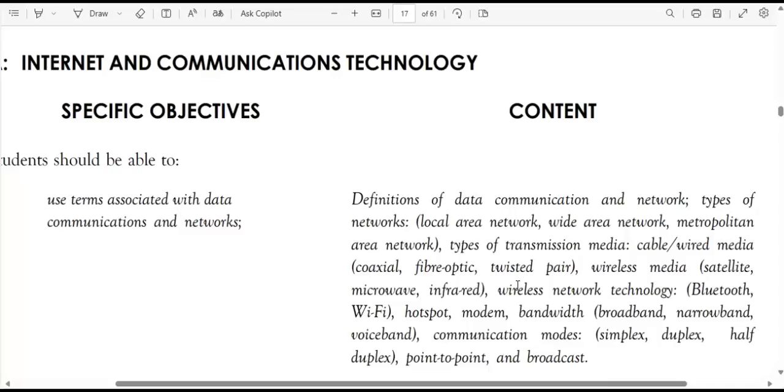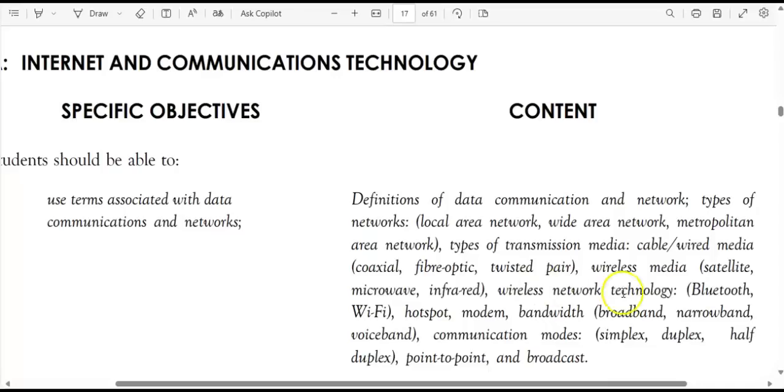An example of fiber optic use would be the internet backbone connection. The main infrastructure of the internet uses single-mode fiber optic cables to transmit huge amounts of data across countries and continents.